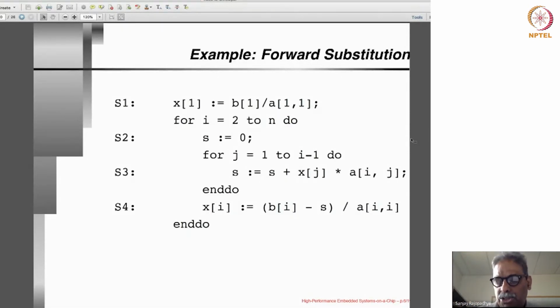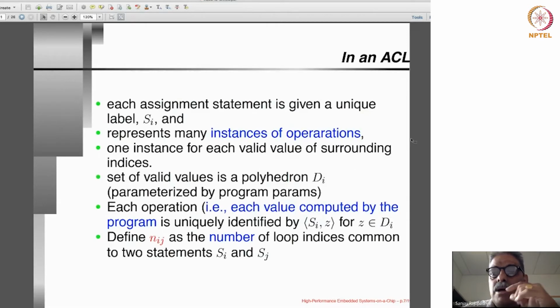Okay. So this is a program that solves a triangular system of equations with a classic forward substitution algorithm. But what it does is really not that important. Each assignment statement is given a unique label, like I said, and it represents many instances of operations, one instance for each valid value of points in a surrounding polyhedron.